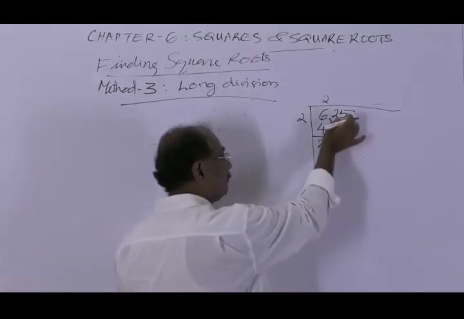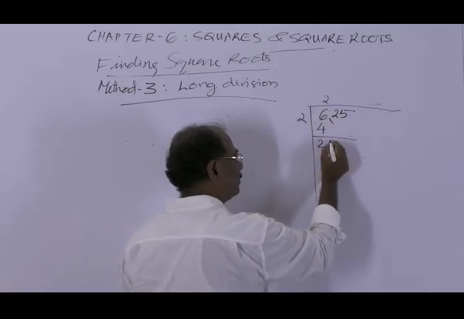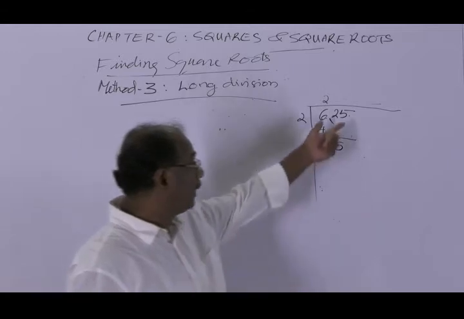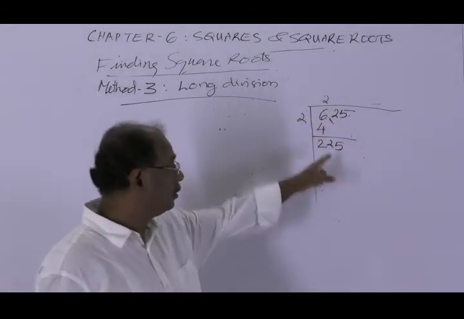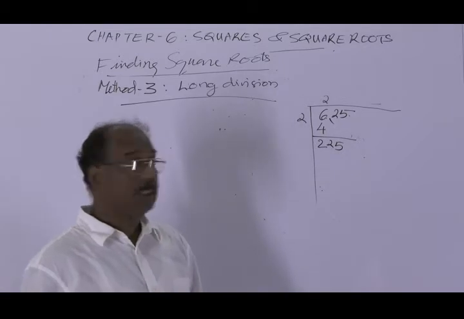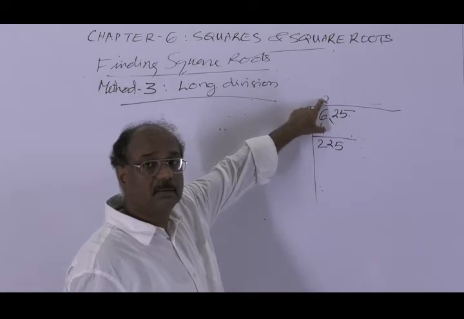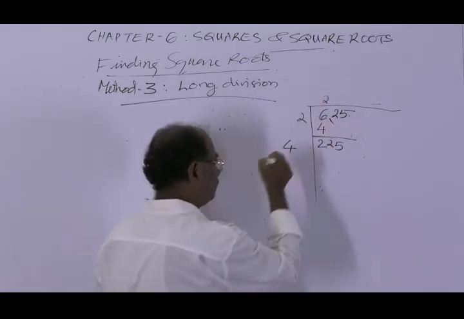Then place the second pair 25 here, getting 225. The whole pair should be written, so 225. Then double this number. Here it is 2, its double is 4. Place that 4 here.